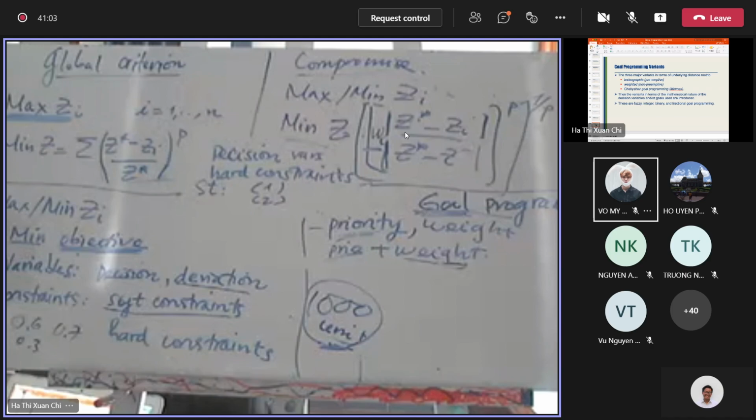So first of all, I will tell you the model of goal programming. What is the model of goal programming? For goal programming, the model looks like this.